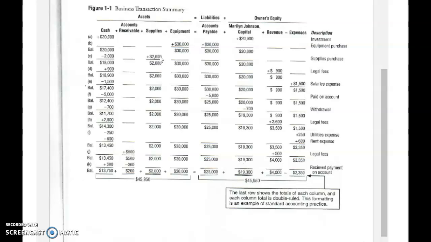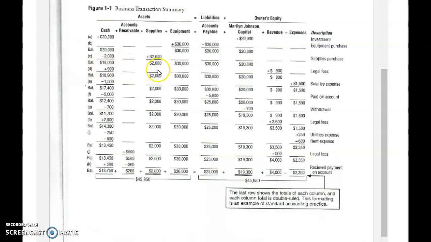Now notice in this transaction, it all takes place on this side of the equal sign. So you don't have anything on the other side. The equation is still in balance because you subtracted and you added on the same side of the equal sign, and it's the same amount. So then again, you'll have a balance.